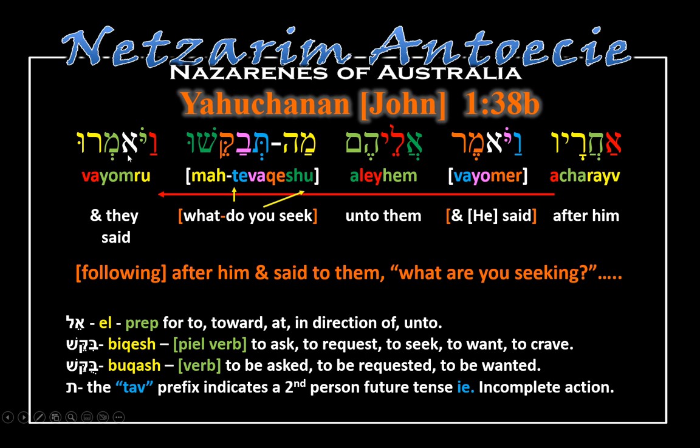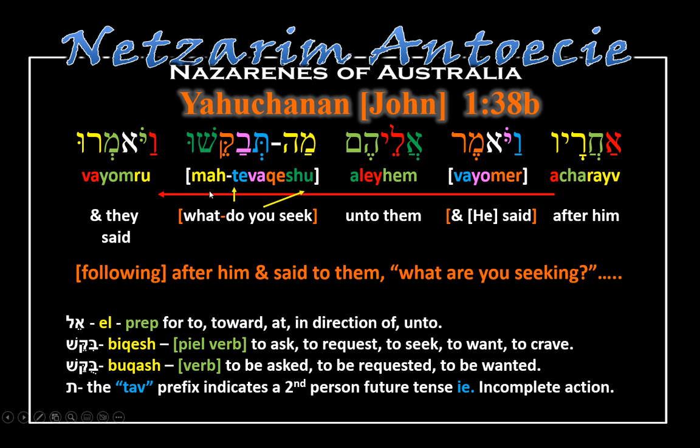Remember, when we see a letter in white, it means there's no pronunciation of that letter. And then we go, acharev, means after him. So it means following after him. Vayomer, and he said, remember, no pronoun, it is generally he. Could be it, but it's generally he, right? Alehem, unto them. So he said unto them, Ma, what?